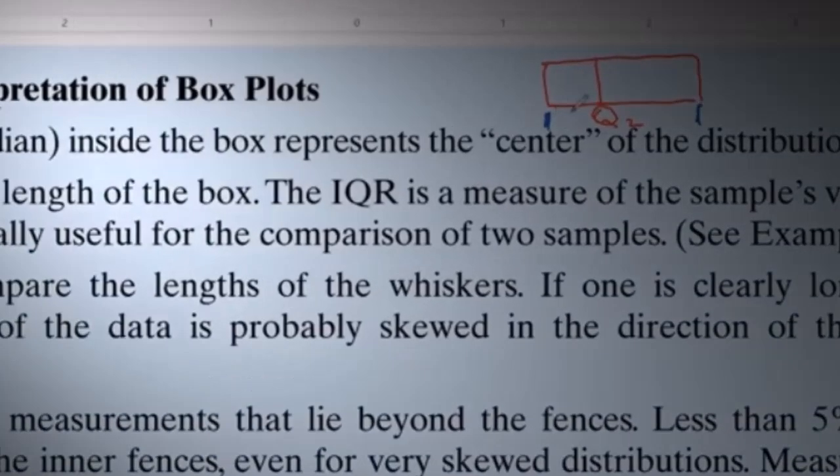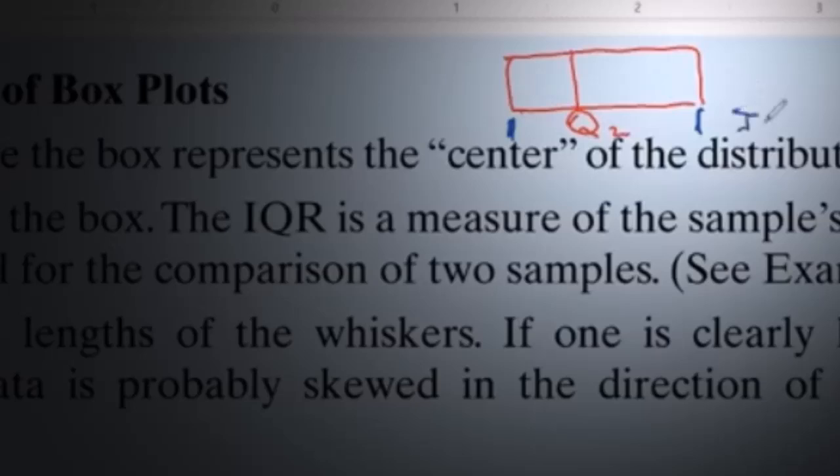We call that our IQR. And it's a measure of the sample's variability, and it's especially useful for comparing two samples. Why does it measure variability? Because the wider it is, the more the data is spread out.